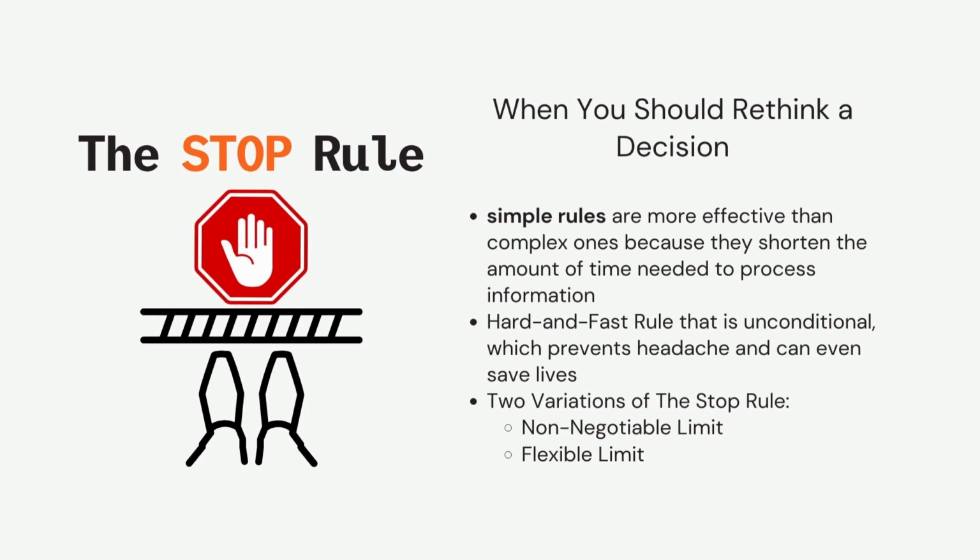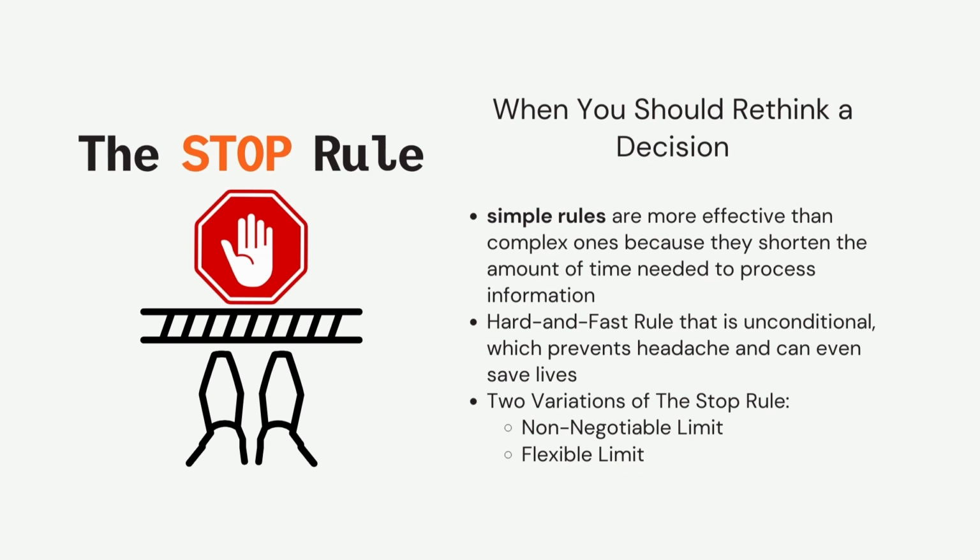The stop rule. This tells us when we should rethink a decision. In their book Simple Rules, Kathleen Eisenhardt and Donald Sull argued that in certain situations, simple rules are more effective than complex ones because they shorten the amount of time needed to process information. And that's one of the most time-consuming processes of all. For example, how do I know when I should revise a decision?